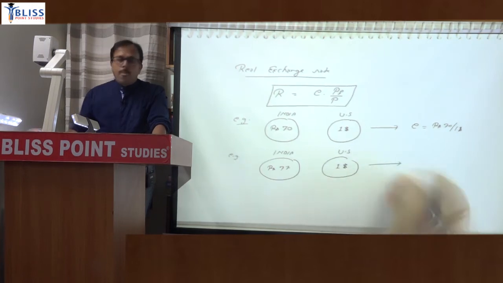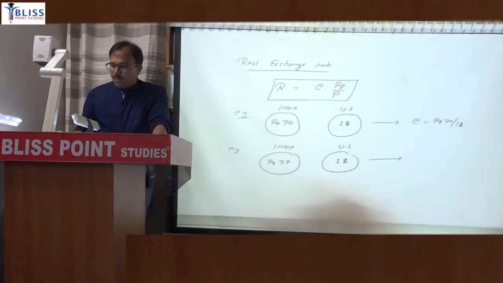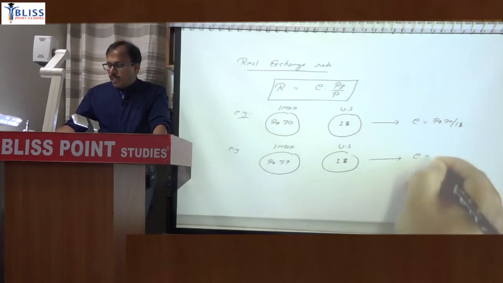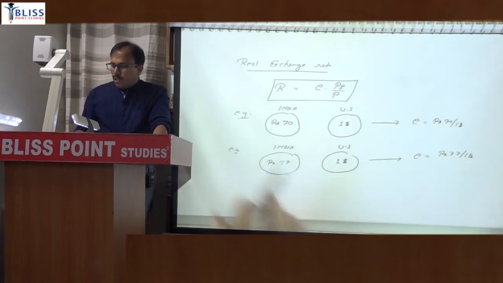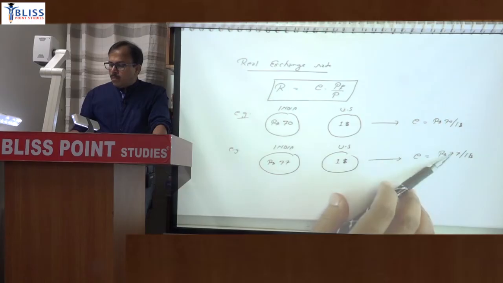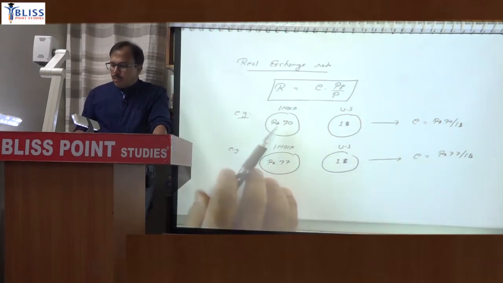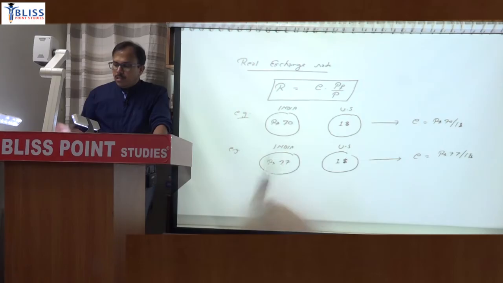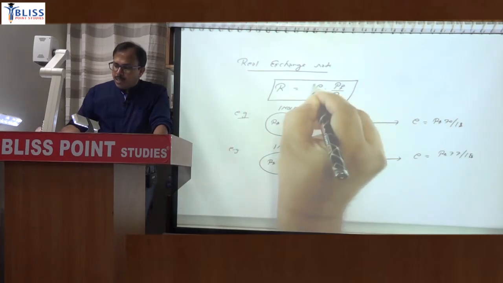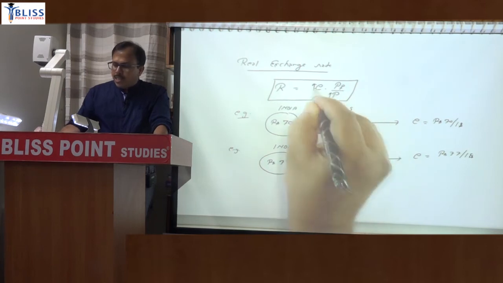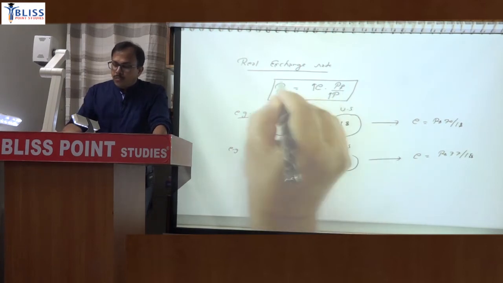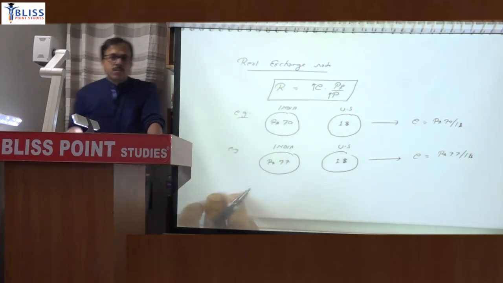So now the purchasing power of 77 rupees is equivalent to the purchasing power of $1. So the exchange rate is 77 rupees for every dollar. You can note one thing here. The exchange rate increases by 10% when domestic price rises by 10%. So when denominator and numerator both rise by 10%, the real will remain unchanged.